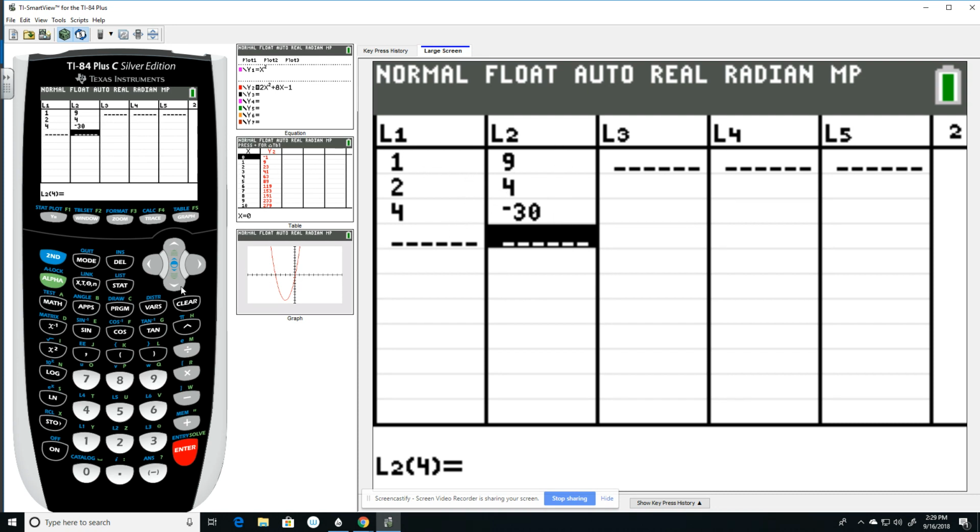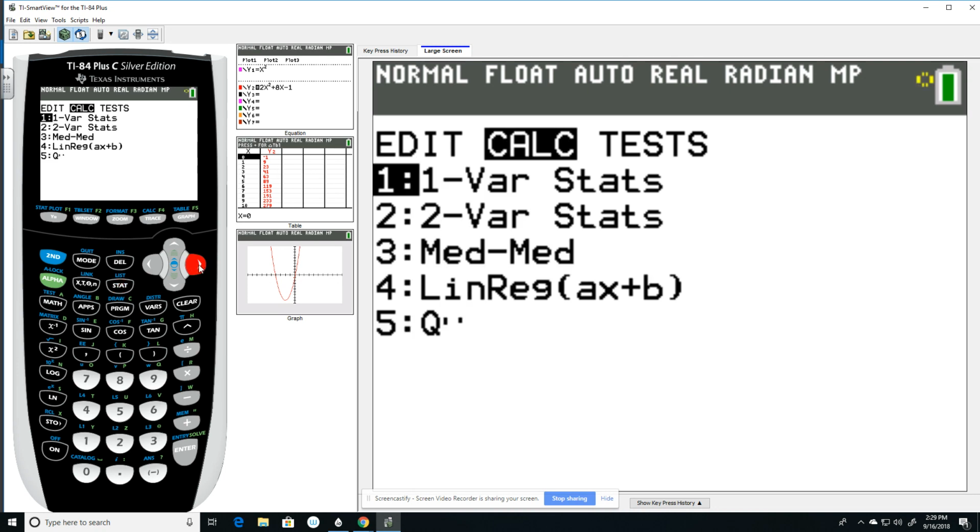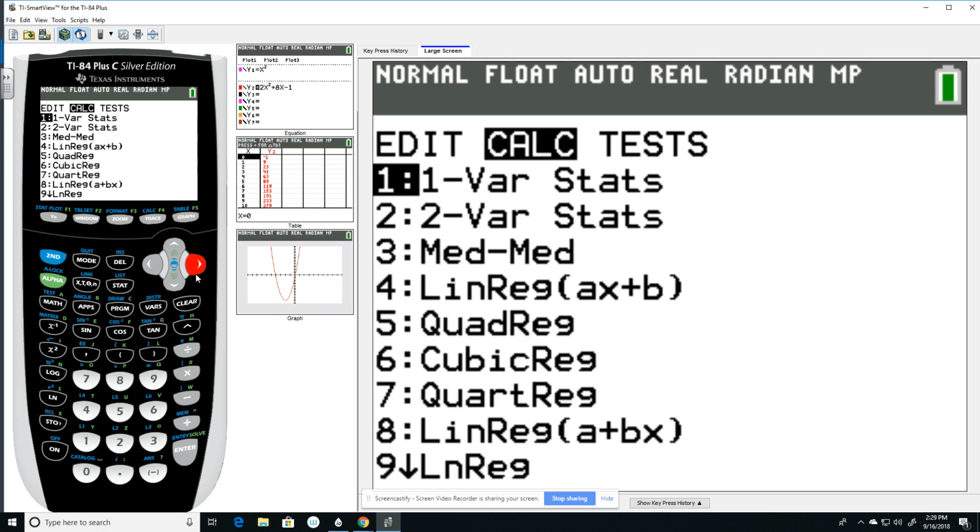Okay, now if I go to stat again, if you look at the top, it has edit, calculate, and tests. We don't want to edit anymore. We already edited our list. What I want to do is use my lists to calculate something. And as I scroll down here, I can calculate a lot of different things.